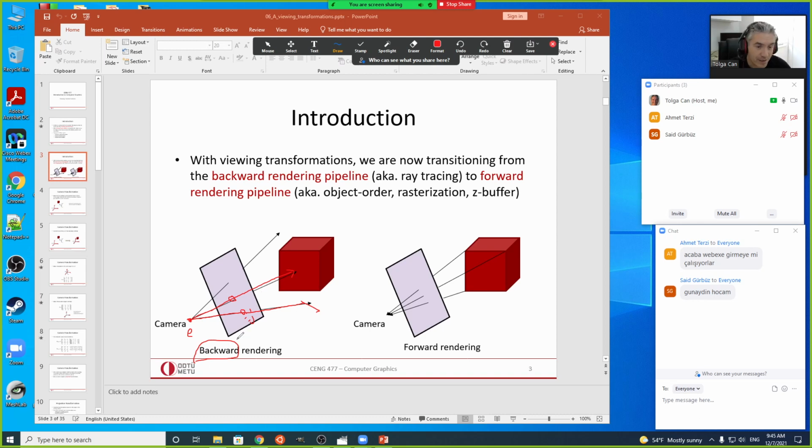In forward rendering, the algorithm is going to be like this. It's called forward rendering because we now start tracing the light rays as if they bounce off the surface of the objects. But the question we are going to ask is, for each vertex of a primitive, instead of considering all the surface points, there are infinitely many of them.